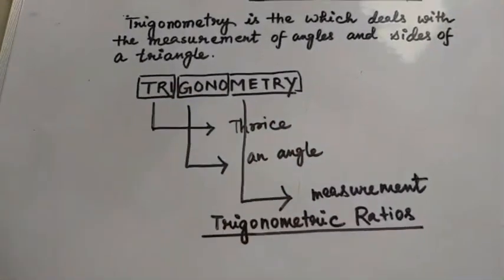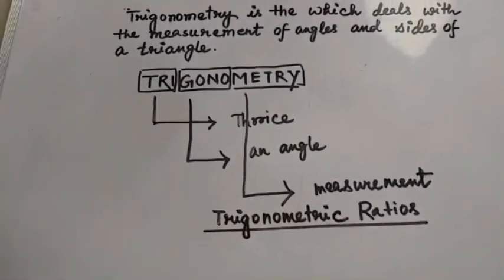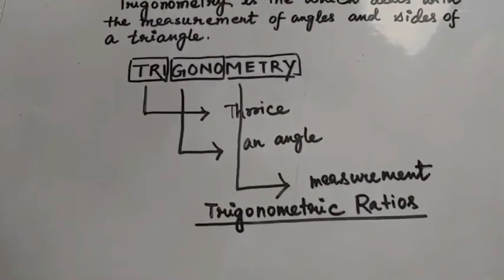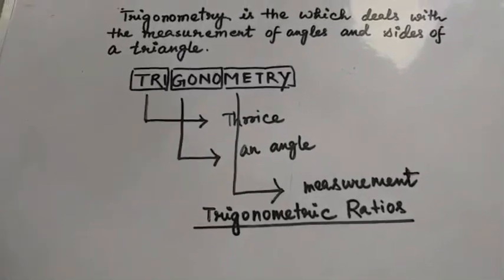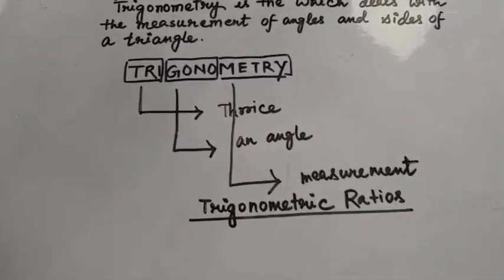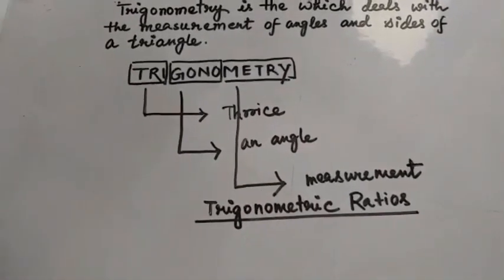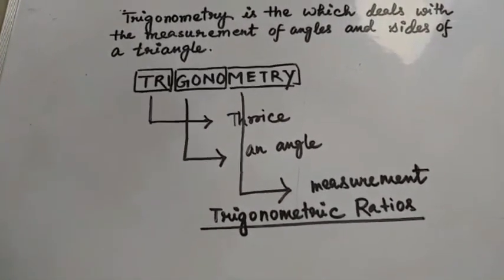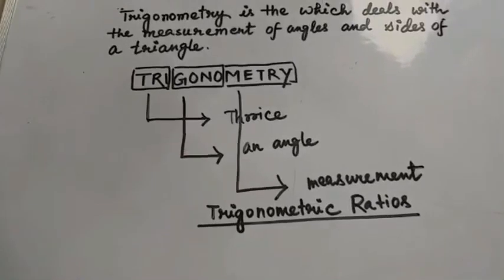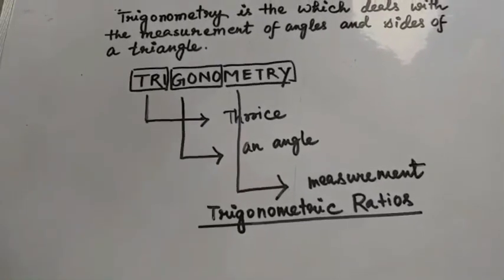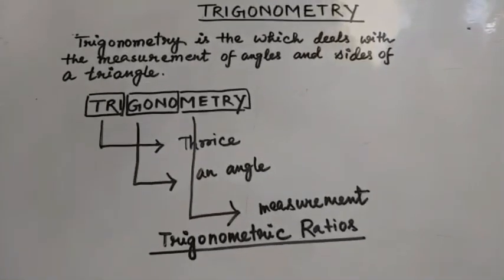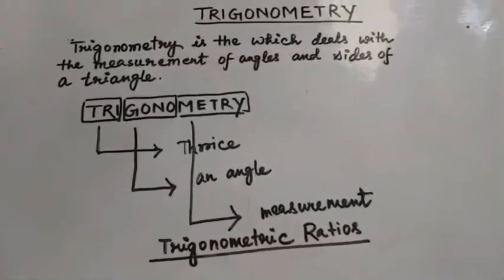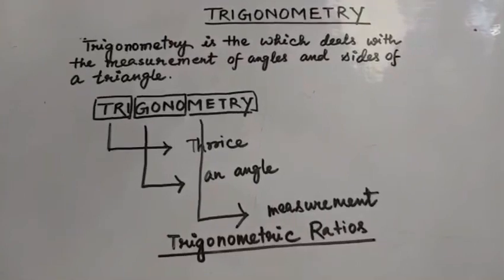The word trigonometry is derived from three Greek roots: trio meaning thrice, gonia meaning an angle, and metron meaning measure. In fact, trigonometry is the study of the relationship between the sides and angles of a triangle. Therefore, trigonometry is the combination of these three words, we can say, right?